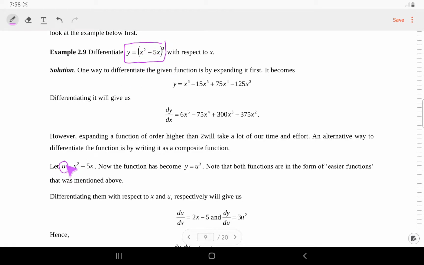So our assumption u is x squared minus 5x. If we let these two terms as u, now the function will become y equals u power of 3, because our u is in the bracket.